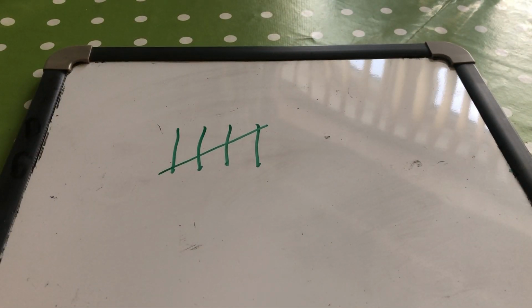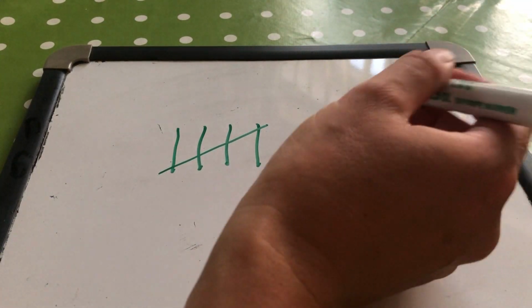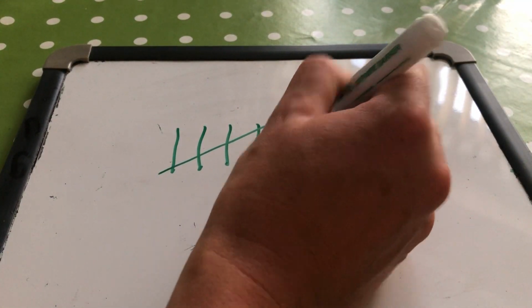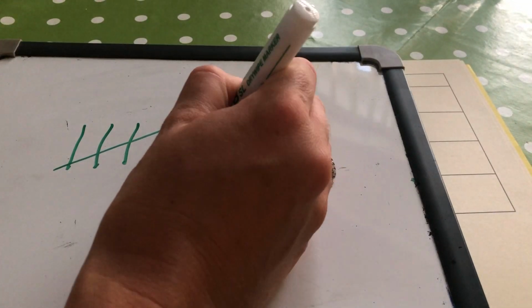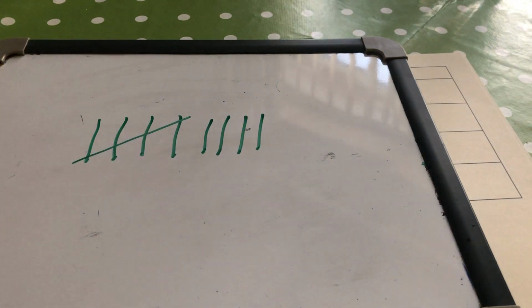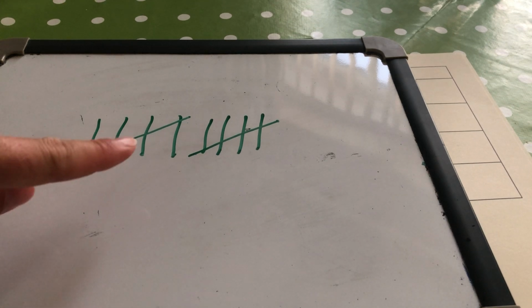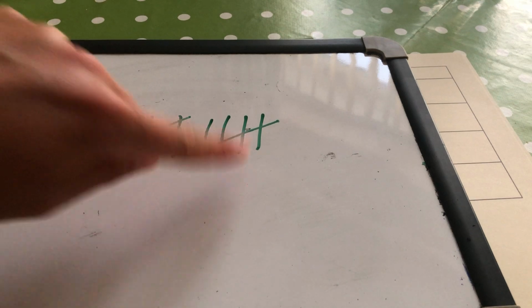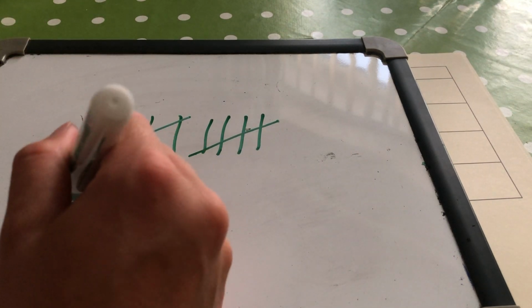So it looks a little bit like a gate. And then I count again until I get to my next lot of 5. So 5, 6, 7, 8, 9, and 10. Okay? And this just makes it really easy when I'm counting, because I can count in 5s. 5, 10.